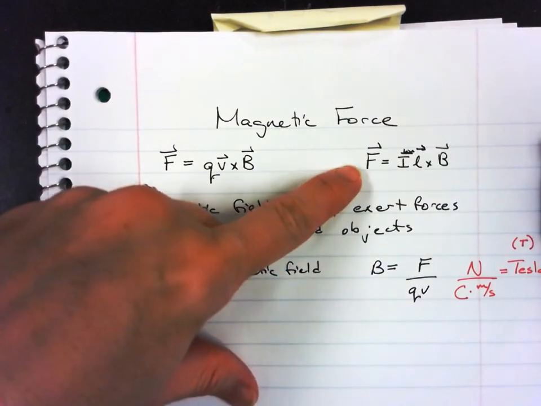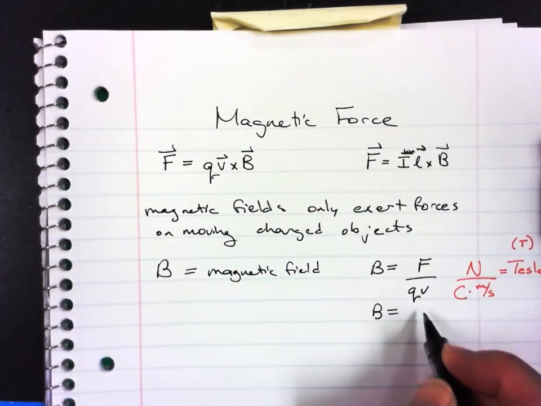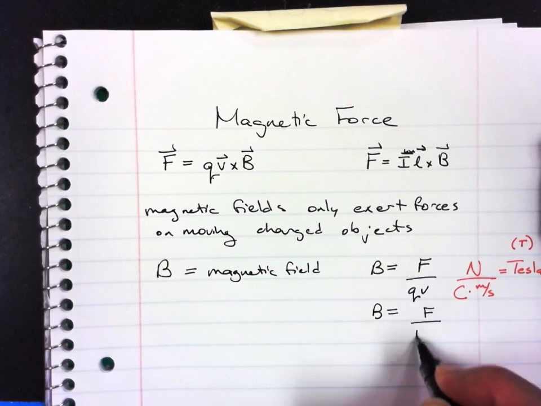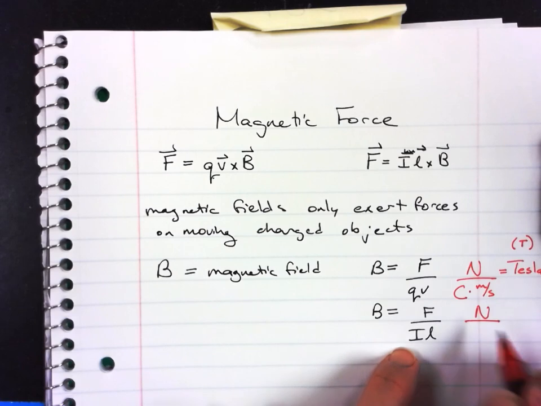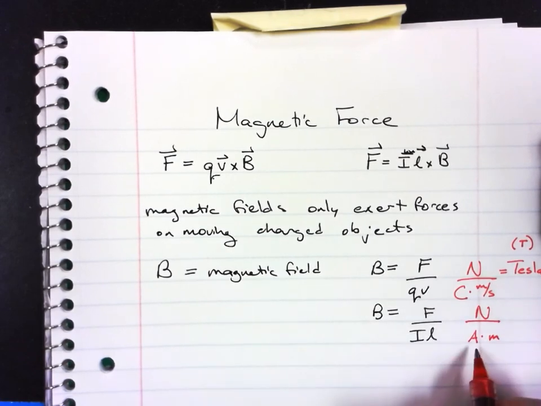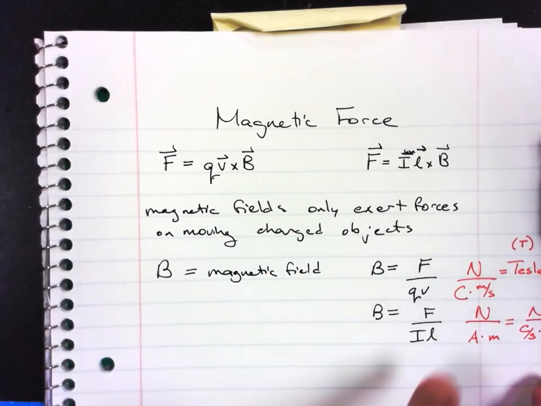You can see the unit also works out for the other version of the equation. B is F over IL. So we again have a Newton. Current is in amps, and then length is in meters. Well, an amp is a Coulomb per second. So Coulomb per second times a meter, well, you just move the per second to the other side, so it is the same thing.